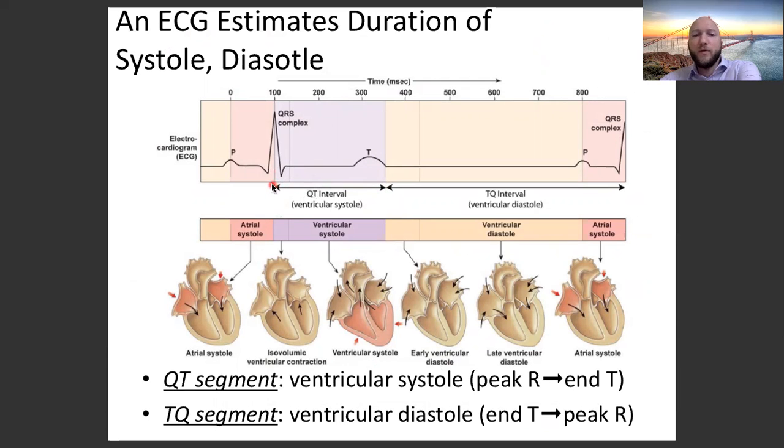In lab, we're going to measure this time. How long does ventricular systole happen? And then we're going to measure the TQ interval. So going from ventricular relaxation to the end of ventricular relaxation, how long does ventricular diastole happen?